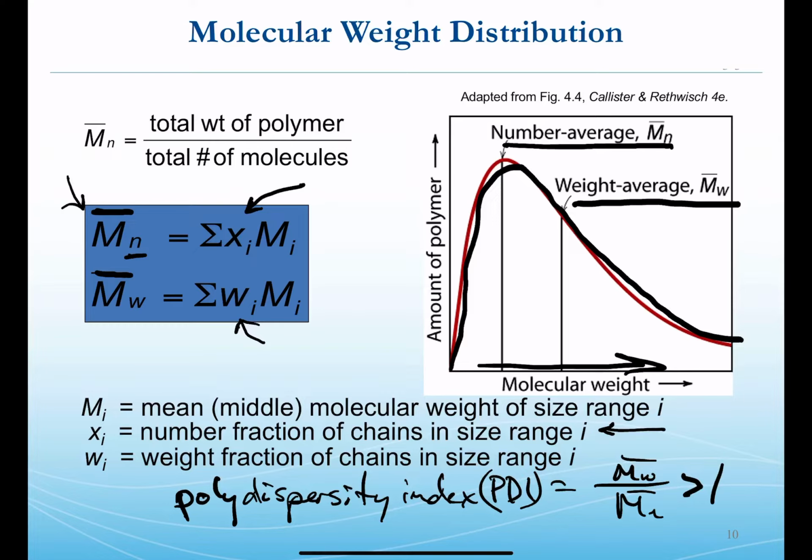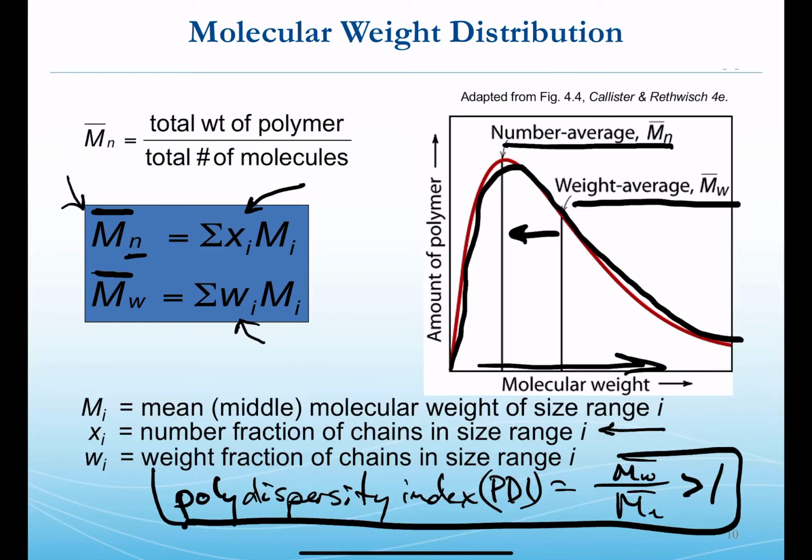And so the closer this value is to 1, the more narrow the molecular weight distribution, the more alike the chain lengths are, and overall their molecular weight. Okay, so this is an important way also to characterize the molecular weight distribution that exists in a sample.